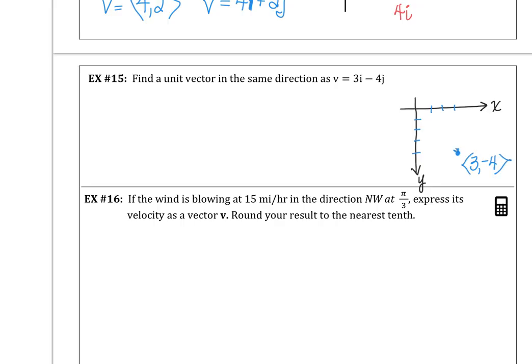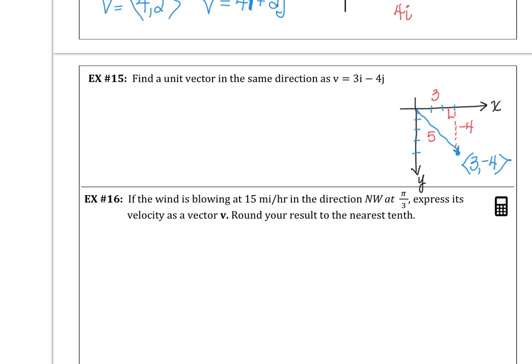That's the component form. We want the unit vector. So I want to know if I divide this vector up, think about that Pythagorean right triangle here. This side is 3, this side is negative 4, the hypotenuse is 5.